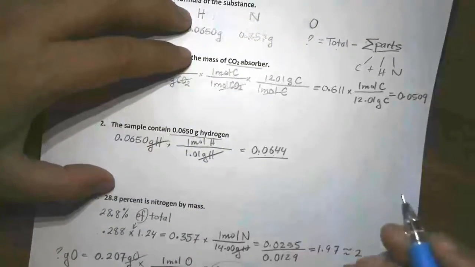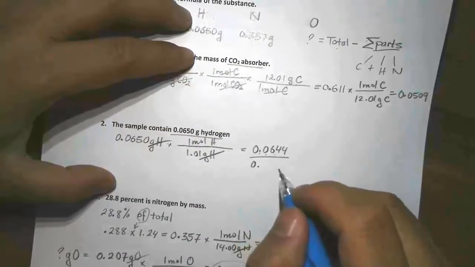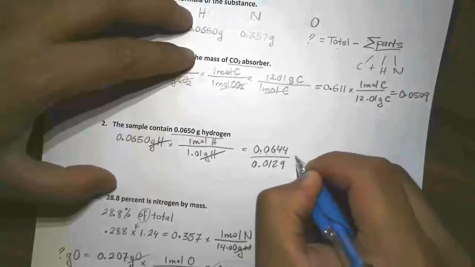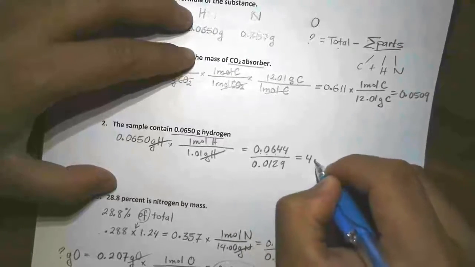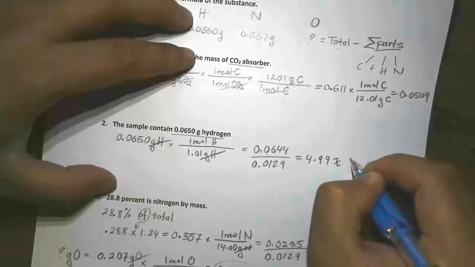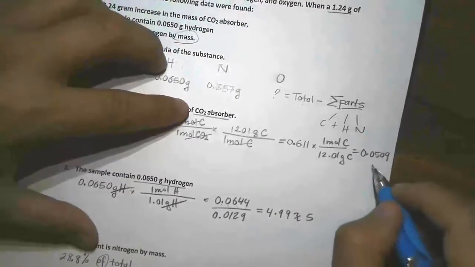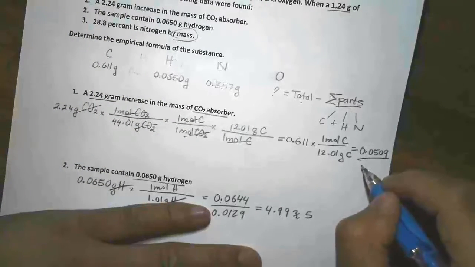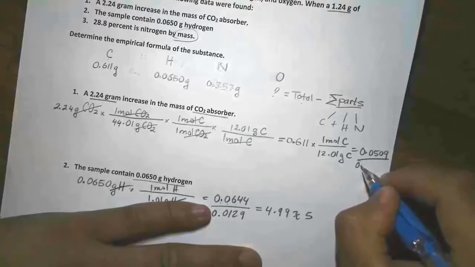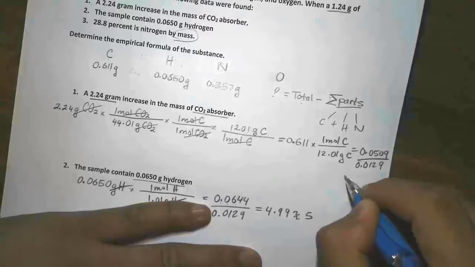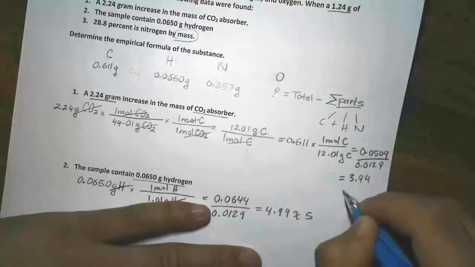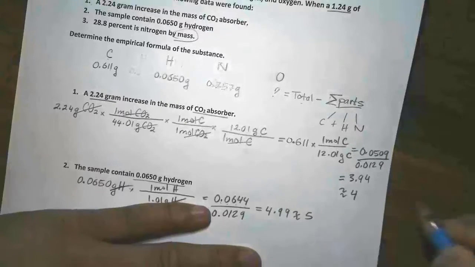And we do the same thing for hydrogen, dividing by the lowest number of moles, which is 0.0129, and this gives us 4.99, and we can round that to 5. And lastly, we have carbon, again divided by the lowest number of moles, 0.0129, and this gives us 3.94, and we can round it up to 4.